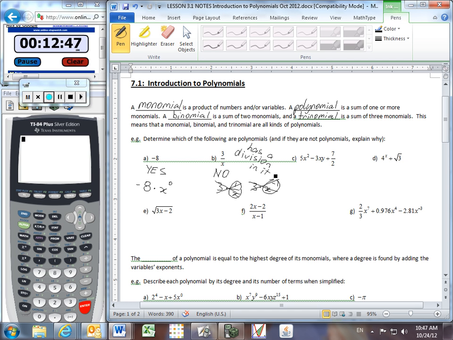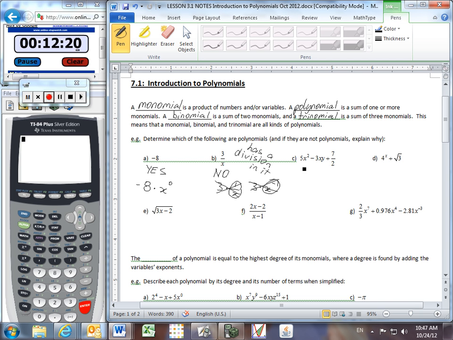Okay, part C, 5x squared minus 3xy plus 7 over 2. Well, this first term here is definitely a monomial because it's a product of 5 times x times x. The second term is a monomial because it's -3 times x times y. And I know that based on part B, you might be thinking that this third term here is not a monomial because it's 7 divided by 2.